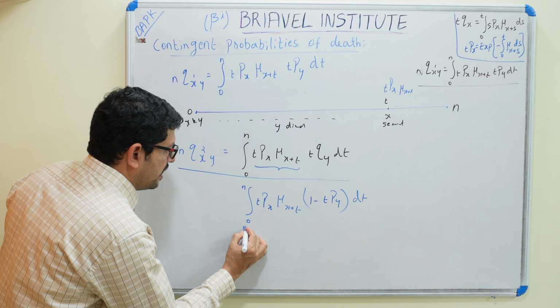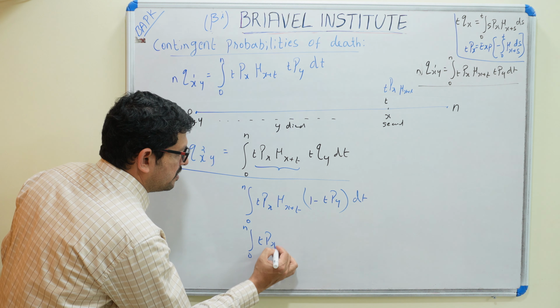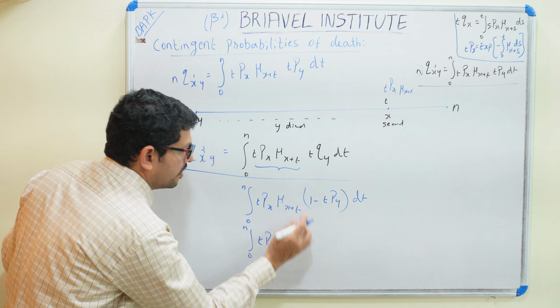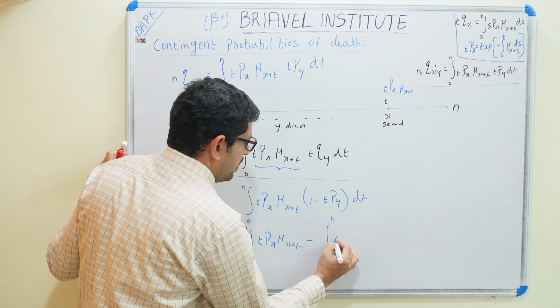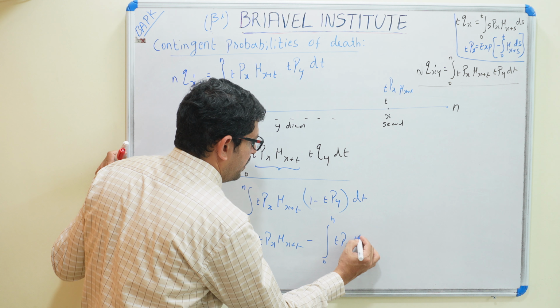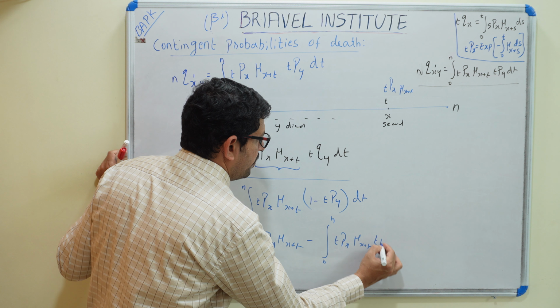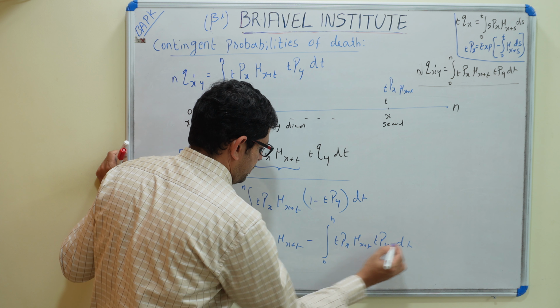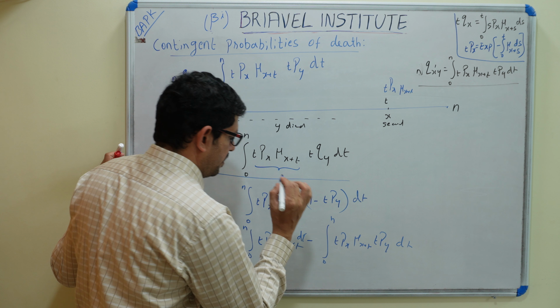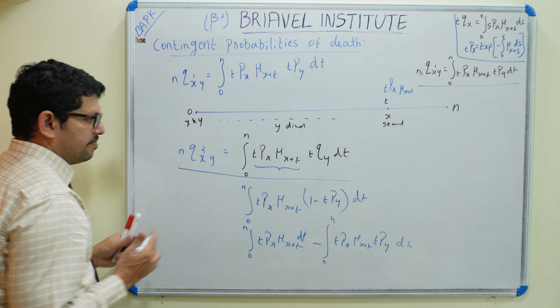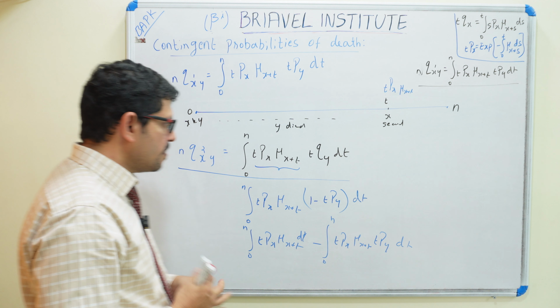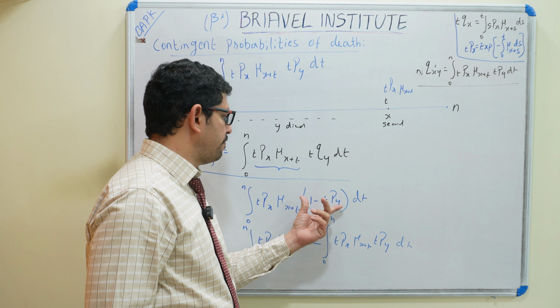It is the integral from 0 to n of tpx mu x+t, multiplied by 1, minus the integral from 0 to n of tpx mu x+t tpy dt. So here also we give dt. Now you see, it is split. Again we split 1 minus tpy.